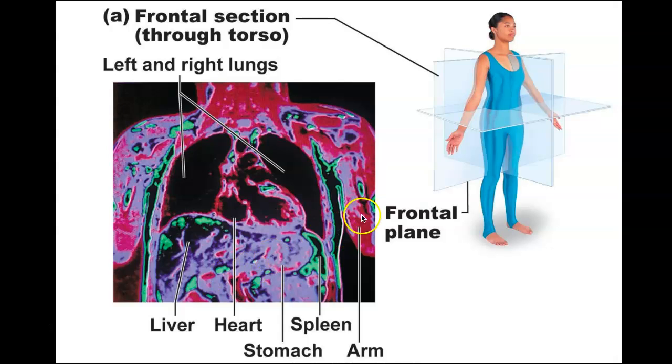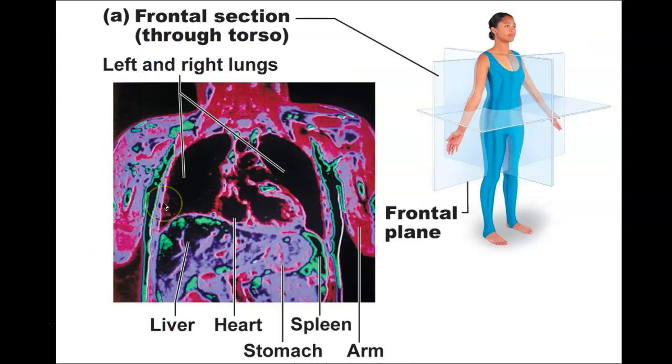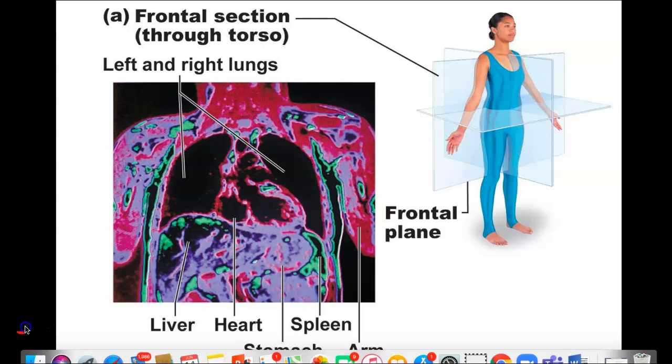All right, so frontal section, this would be a frontal divide. So if you see the second one right here, a frontal divide would be, if you look at this plane right here. So this is actually a really good way to visualize it.